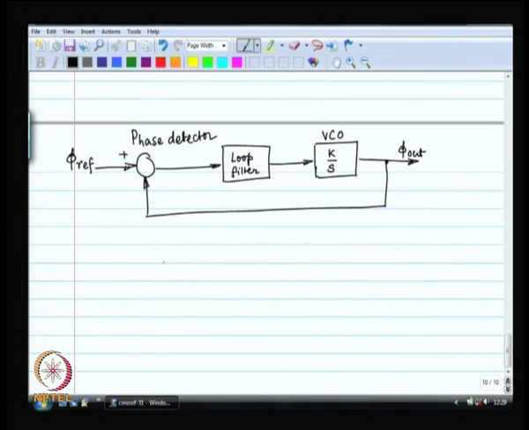Okay. So, this is the general idea. Now, the first building block that I need is the phase detector. I am going to focus on that now, and we are going to do the loop filter in the next class. Hopefully I will be able to finish the phase detector today with the time that I have.